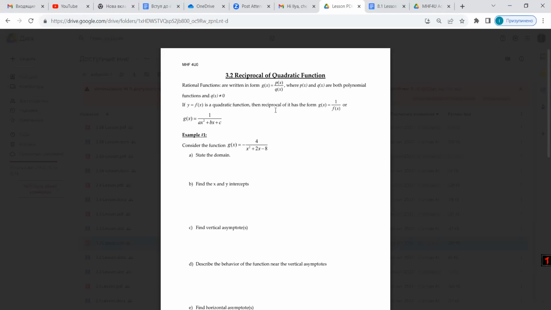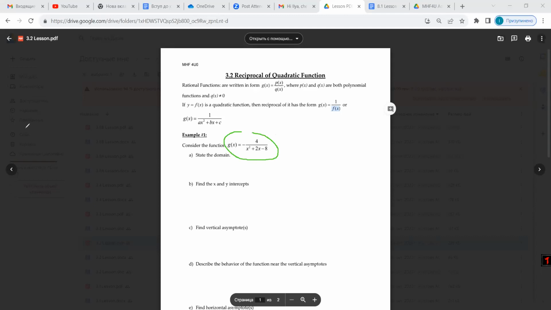Basically, the reciprocal of any function is 1 divided by this function. This is the quadratic form in the denominator for g of x. Considering this function, I'll give an example: g of x equals 4 over x squared plus 2x minus 8, with a minus sign in front of it.